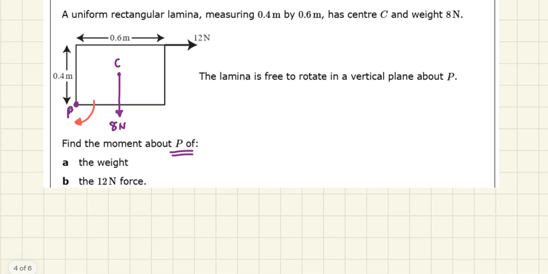So that's like me holding the book and applying a force this way, but I'm not pulling it along like a truck being pulled. I'm pulling it and it's going to make it go down, right? So actually, this 12 Newton force, what direction are we going to be creating? It's actually another clockwise moment about point P.